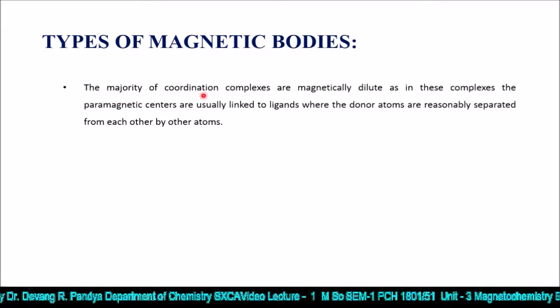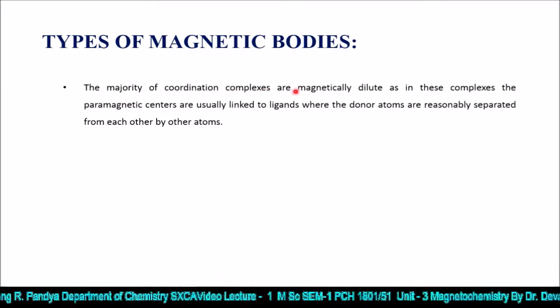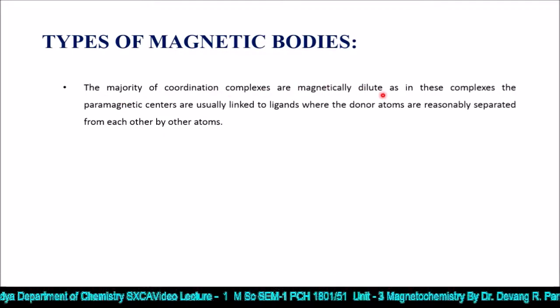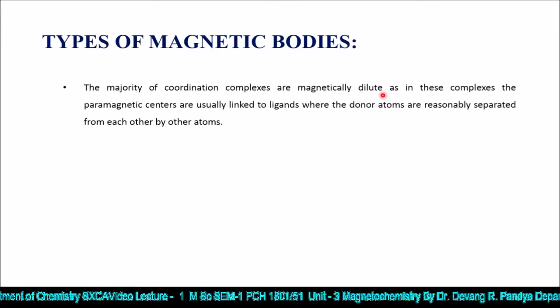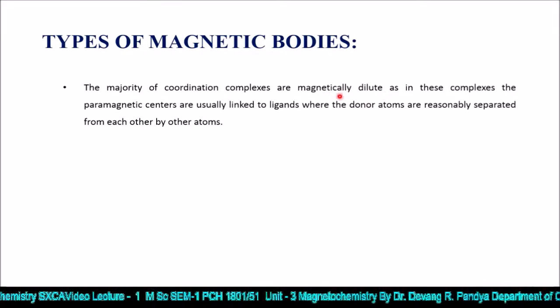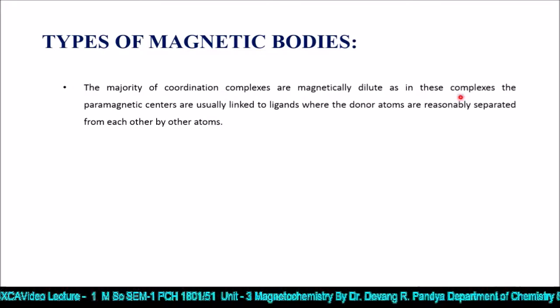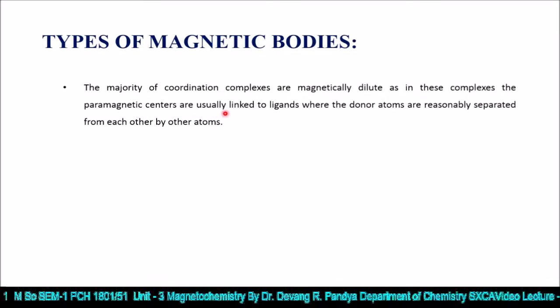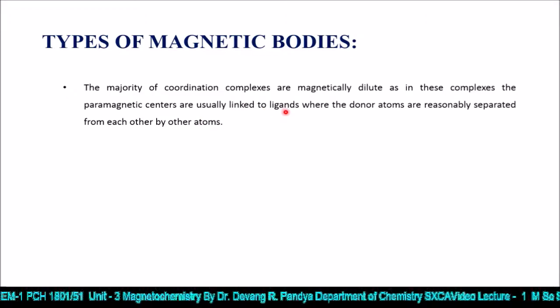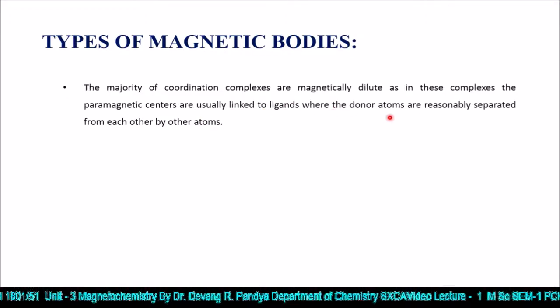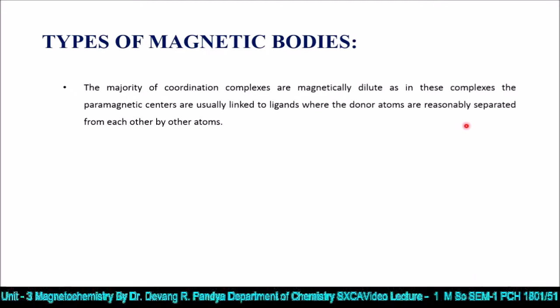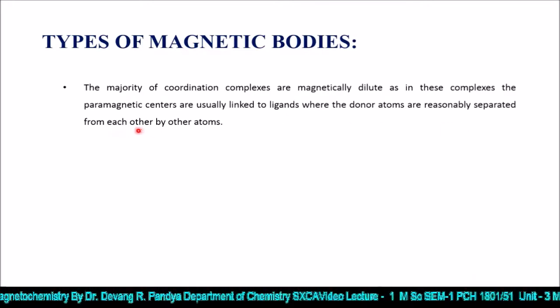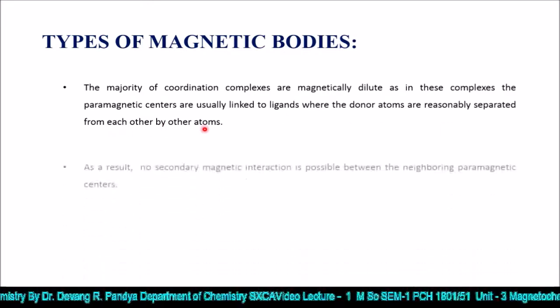The majority of coordination complexes are magnetically dilute. Now, we have gone through what magnetically dilute means. In these complexes, the paramagnetic centers are usually linked to ligands where the donor atoms are reasonably separated from each other by other atoms.